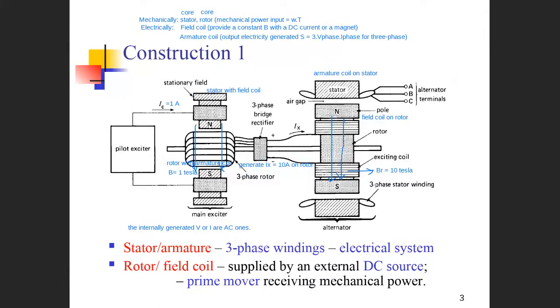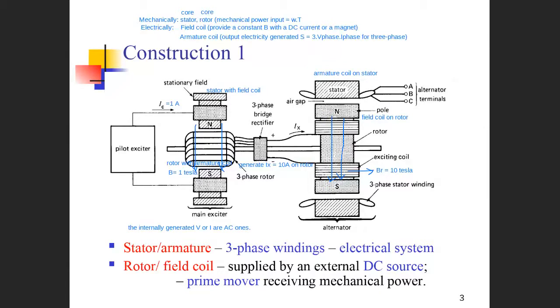So we have the armature coils on the stator that has the three-phase AC outputs. Depending on the arrangement of the coils on the stator, it may be a single-phase one, three-phase one, even six-phase one, right?